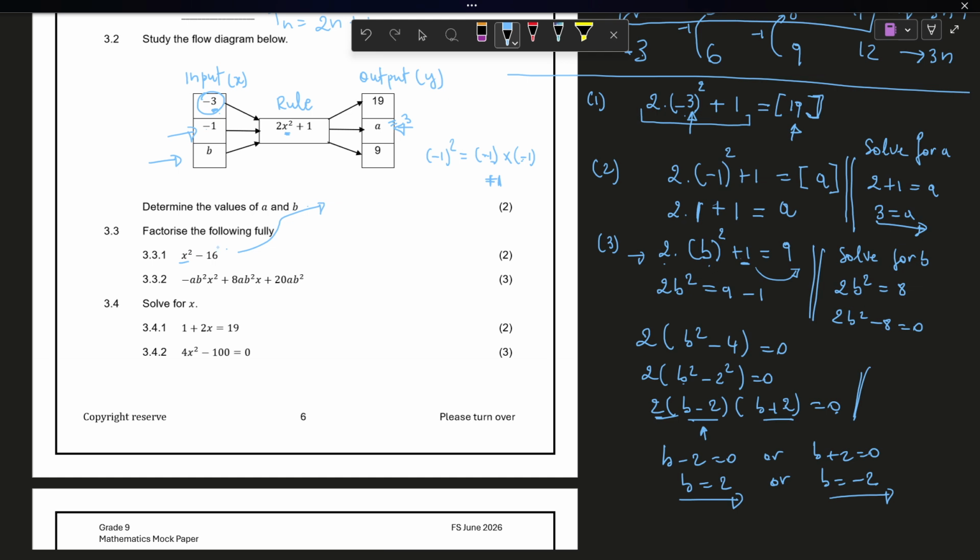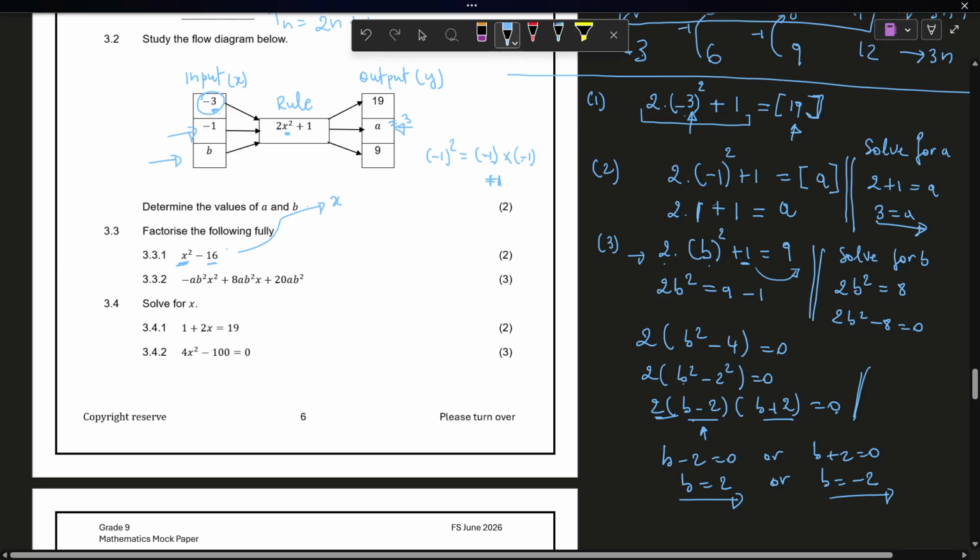Then the next question I ask myself is, do I have a binomial or do I have a trinomial? In this case, I have a binomial. I've got one monomial there, the other monomial here. If you've got a binomial, you need to ask if you've got a difference of two squares.